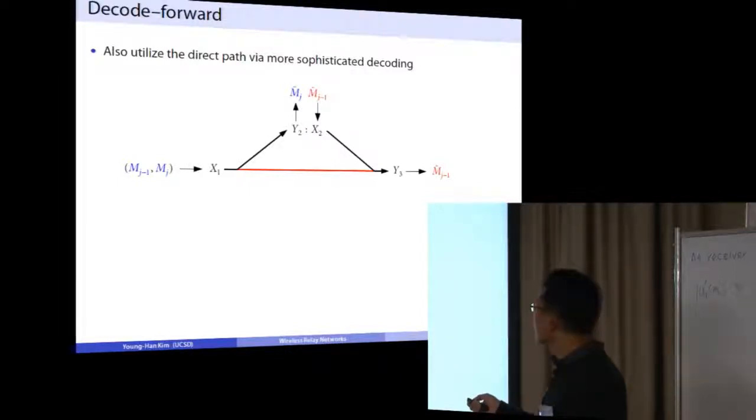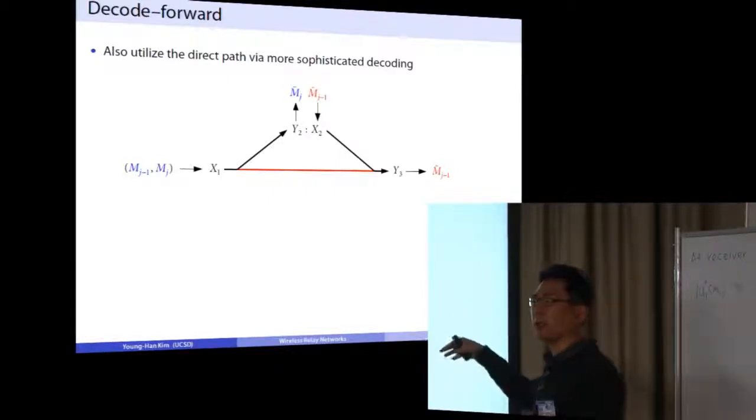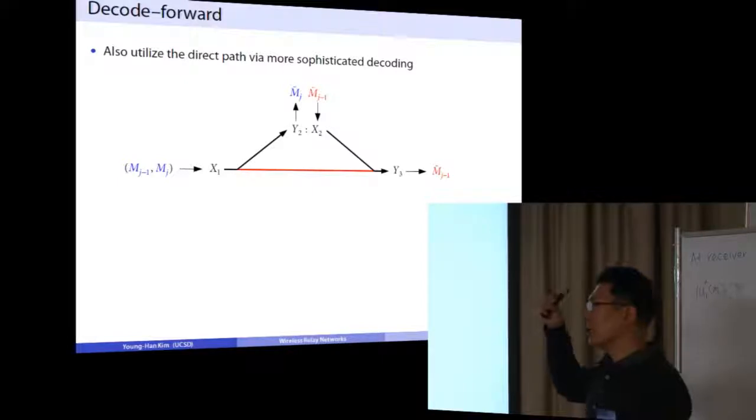The previous two coding schemes were completely ignoring the signal going directly from X1 to Y3. When Y3 was recovering the message, it was simply trying to recover what X2 is sending and ignore the signal from X1 as interference. It was considered as noise, even though it contains what I want to recover in the next time slot.